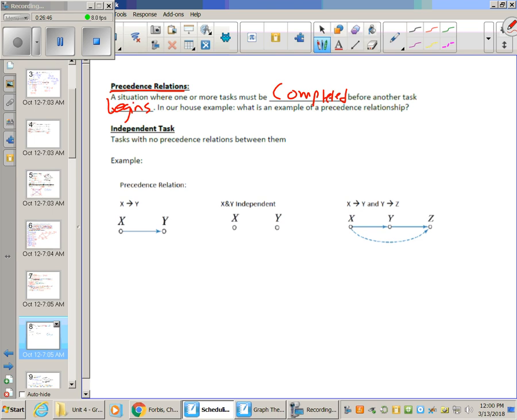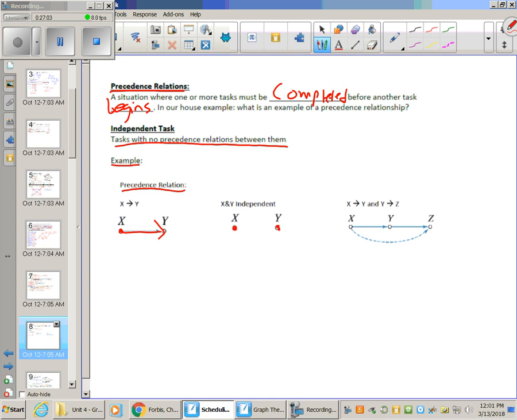You can also have independent tasks that aren't in a precedence relation. Those are tasks with no precedence relationships between them. Here's an example of a precedence relation: X has to be completed before I move on to Y.